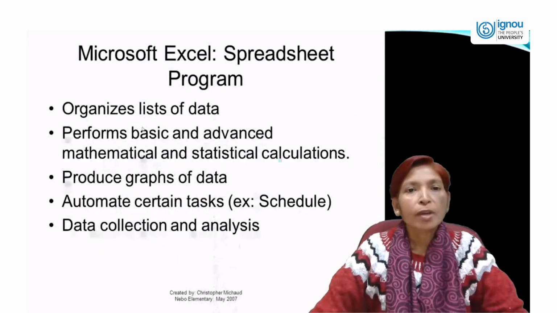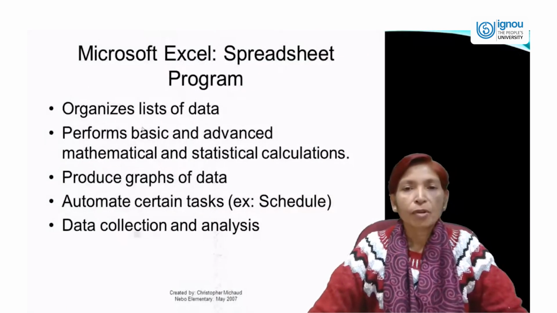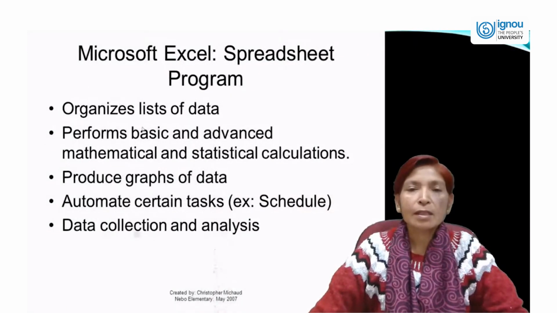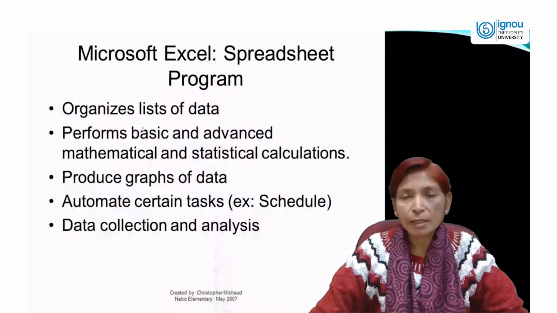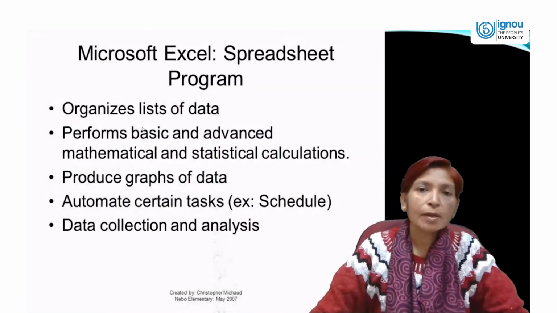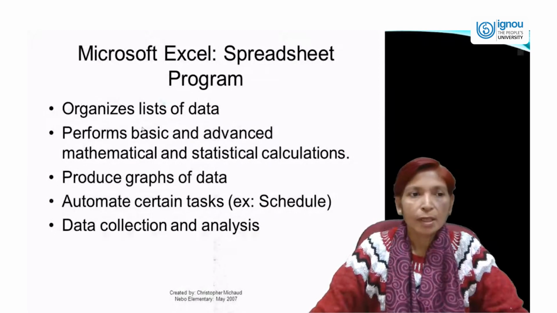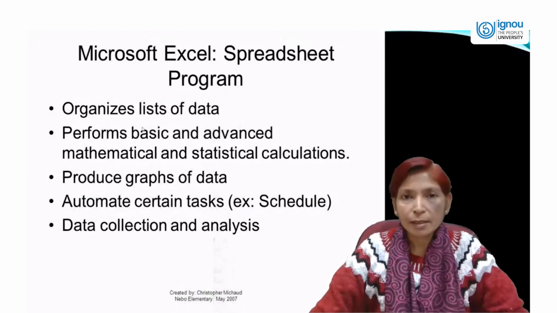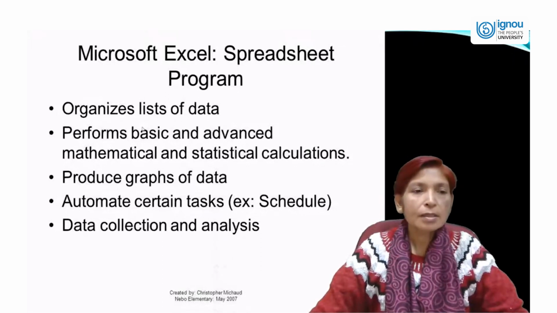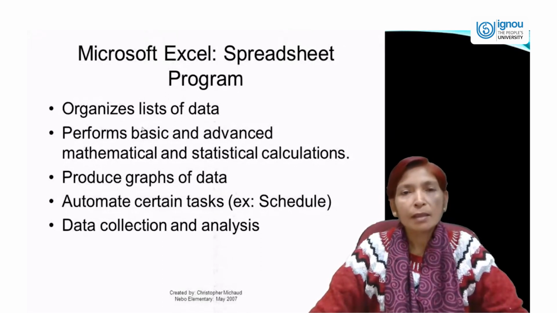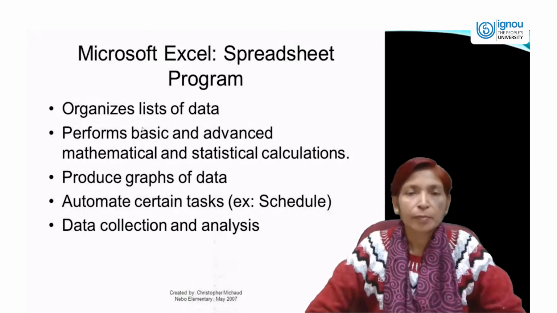Next is the spreadsheet program, which is today's topic, because today we will discuss Unit 5 and some topics of Unit 6. Unit 5 is the use of spreadsheets, and what is the meaning of a spreadsheet. In Microsoft Excel, the spreadsheet program, first we have to organize the list of data.